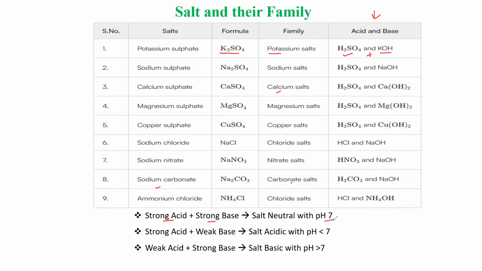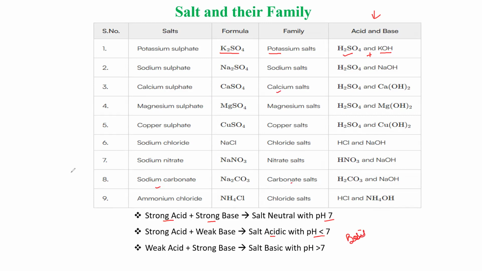Neutral salt means the pH value is 7. When a strong acid reacts with a weak base, it produces a salt that is acidic in nature, so pH is less than 7. And when a weak acid reacts with a strong base, the salt will be basic in nature, so the pH value will be more than 7.